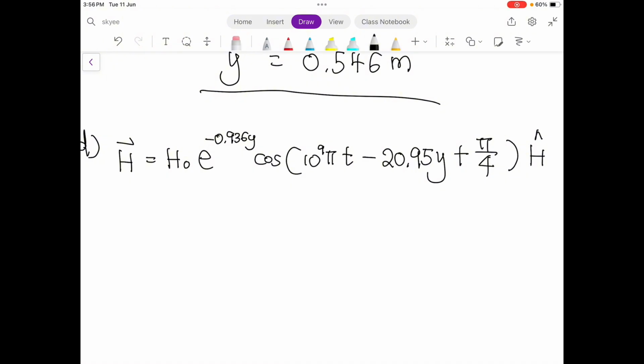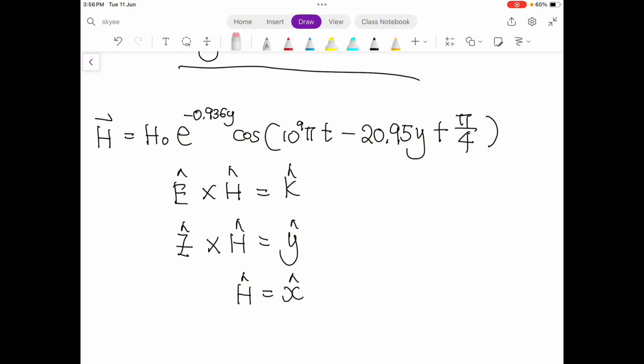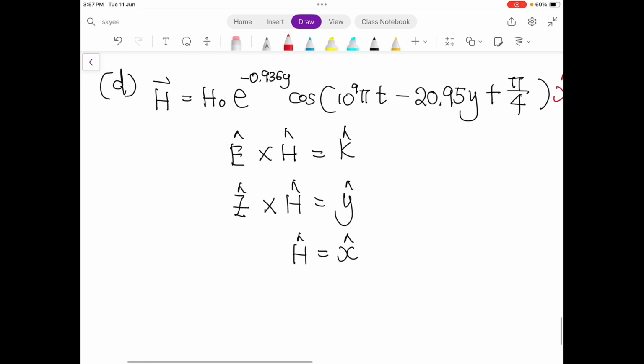The direction is E direction cross with H, then you get the K. The E direction is Z, H you have no idea, and K is equal to Y. Obviously it will be Z cross X gives Y, so your direction of H will be the X direction. You can replace it with X direction.